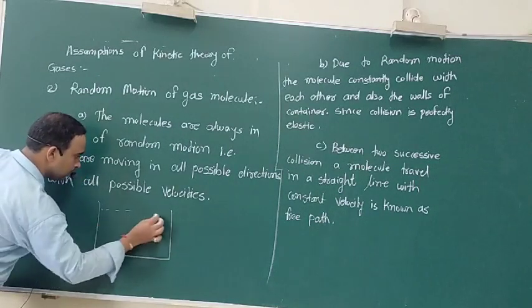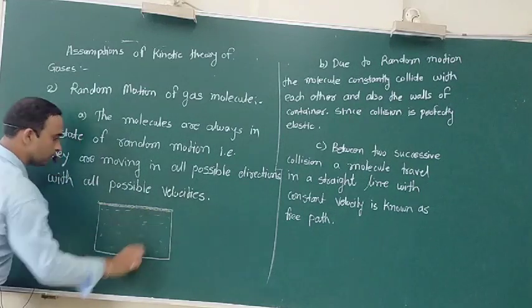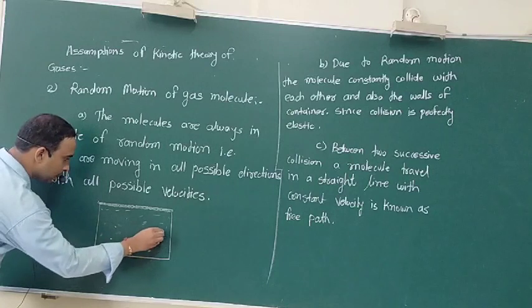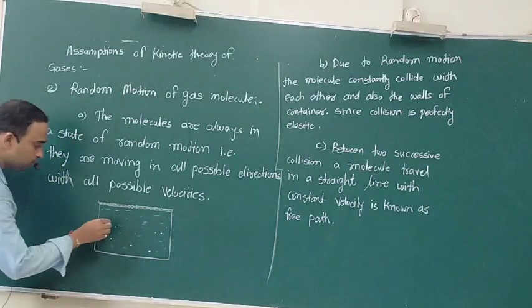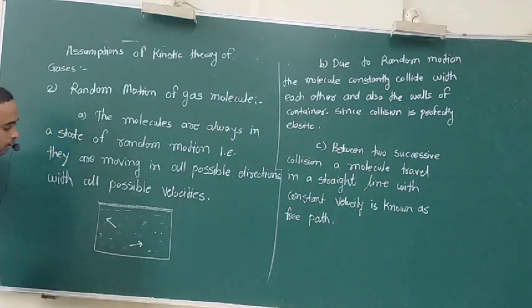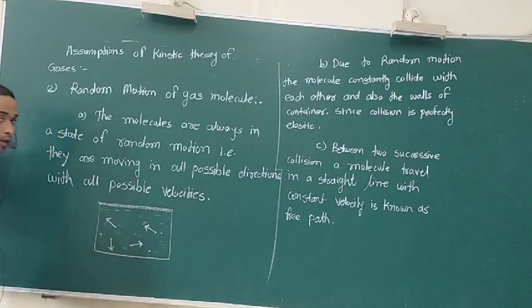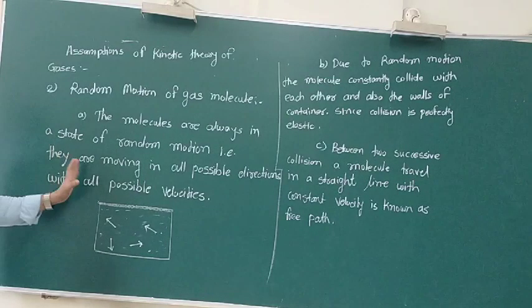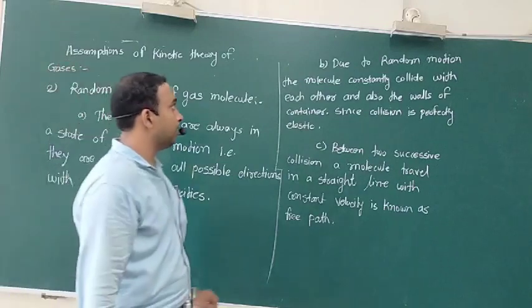In this container, the gas is enclosed. Now there are small tiny particles, known as molecules. These molecules are moving in all possible directions with all possible velocities. Okay. So these are the assumptions related to the random motion of gas.